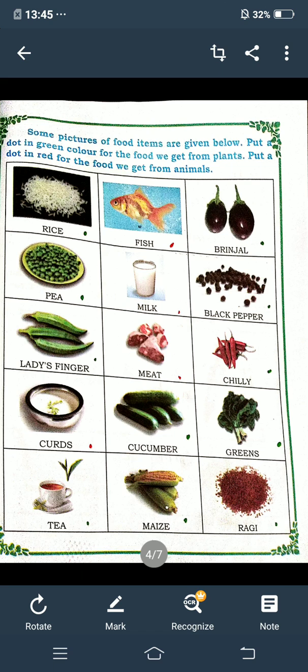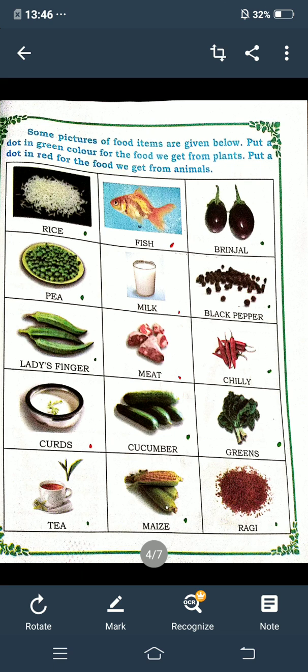Next is black pepper. We get this from plants. So put a dot with green color pencil. Next is lady's finger. We get this also from plants. So put a dot with green color pencil. Next is meat. Meat we get from animals like sheep, goat and hen.